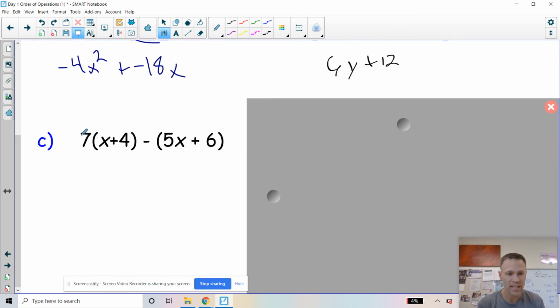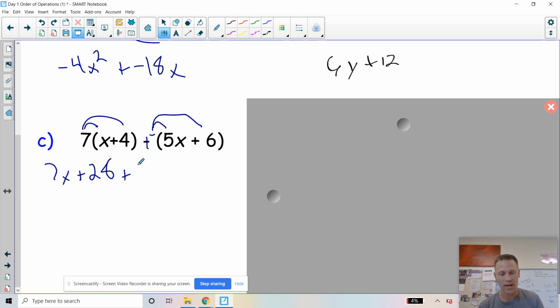All right, last example here. I have 7x plus 4 minus 5x plus 6. So the big deal here is that this is a negative. That negative is going to get distributed here, just like the 7 is going to get distributed here. Okay? So I got 7x plus 28. And then I have a negative 5x.